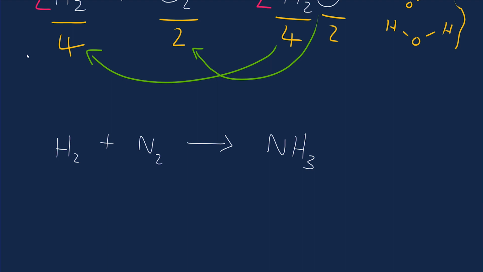Okay, so again, the first thing you always have to do is count how many of each type of atom you have on each side. So we have 2 hydrogen, 2 nitrogen. On the right hand side, we only have 1 nitrogen, and we also have 3 hydrogen, okay?